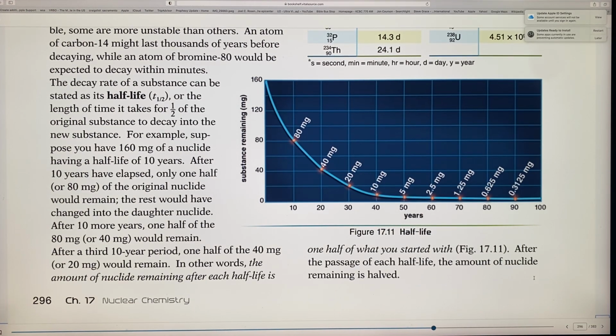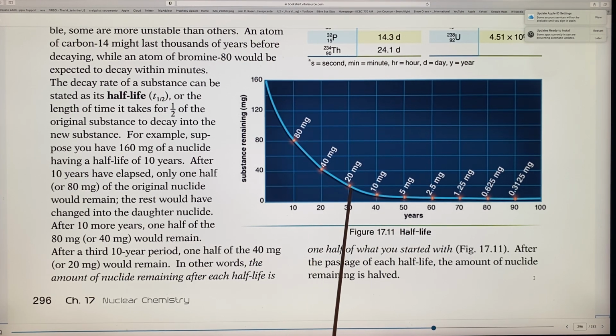So here is another picture of the half-lives on a chart of the years, and the substance, showing how many milligrams of the substance remain, so 10 years, 20 years, 30 years. It shows the substance remaining. So if they have 80 milligrams as you go down, it's going to half that in a period of 10 years.